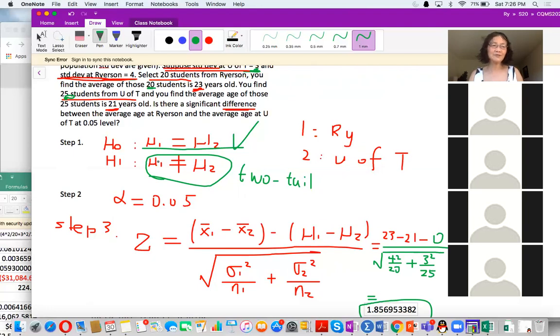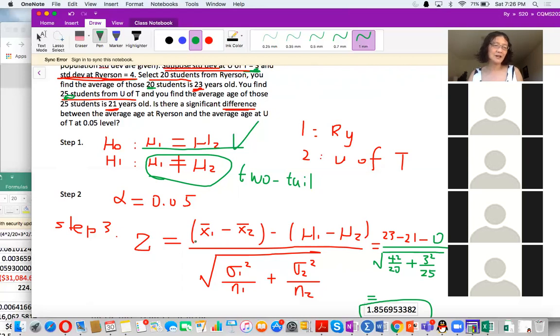So that is the hypothesis test about two population means when the population standard deviations are given. But in real life, you do not have a standard deviation for the population. You only have a standard deviation from the sample. And in that case, you have to use a t-test.